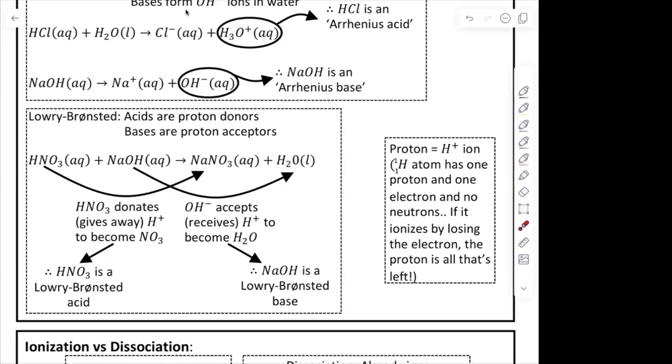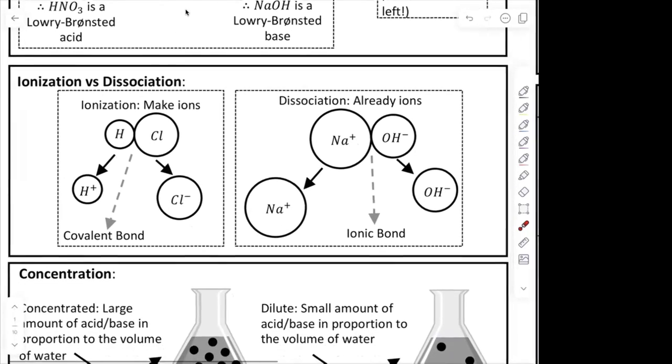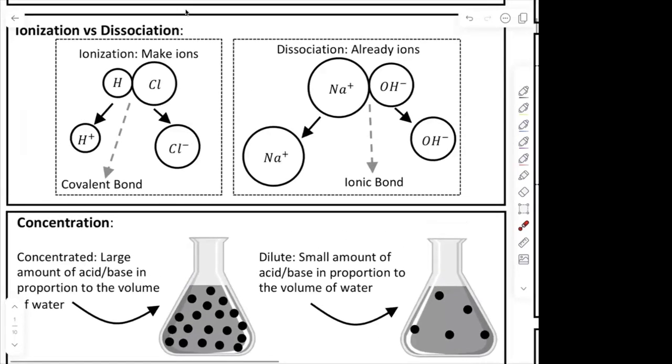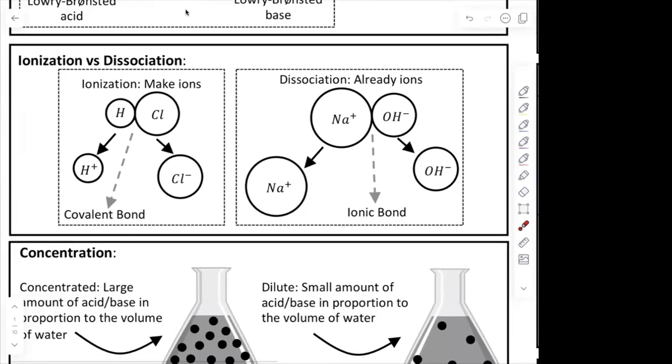Let's quickly go down again, between understanding ionization and dissociation. The reason why I cover this is because sometimes you'll hear people talking about strong versus weak acids or bases, where they'll say an acid will ionize fully or ionize only partially, or a base will dissociate fully or only partially.